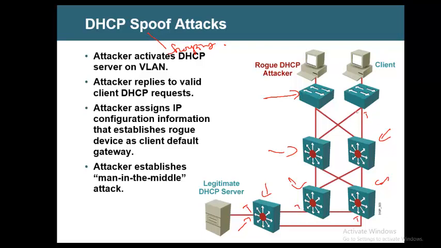Trust, trust, trust, trust. All other ports are going to be untrusted by default. Listen, whenever you enable DHCP snooping, every port will go to untrusted mode. Untrusted, this is also untrusted.